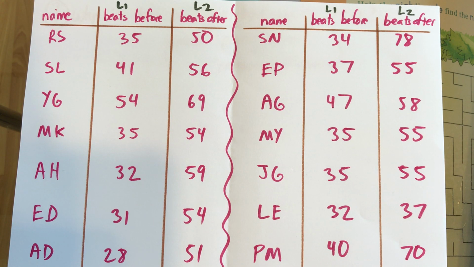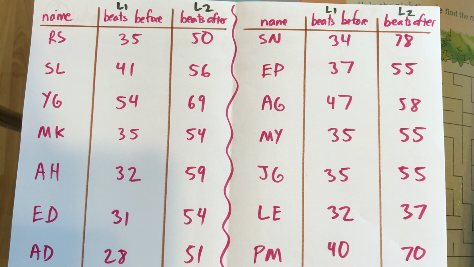Okay, and one of you, I think, misread or misheard on the video. I told you guys to do beats per 30 seconds, and I think someone did like jumping jacks per 30 seconds. So that's a cause of concern. All right, so let's take a look at this data.